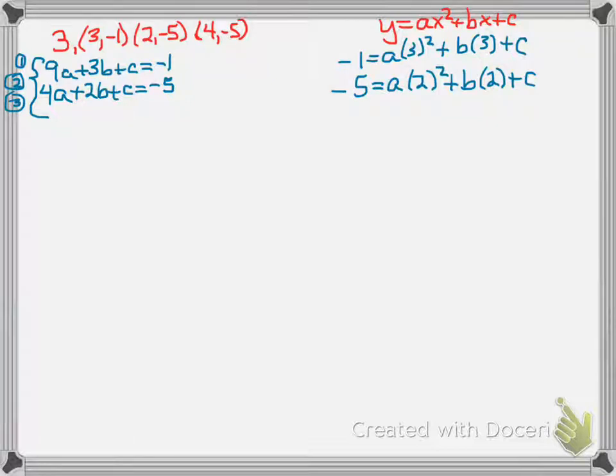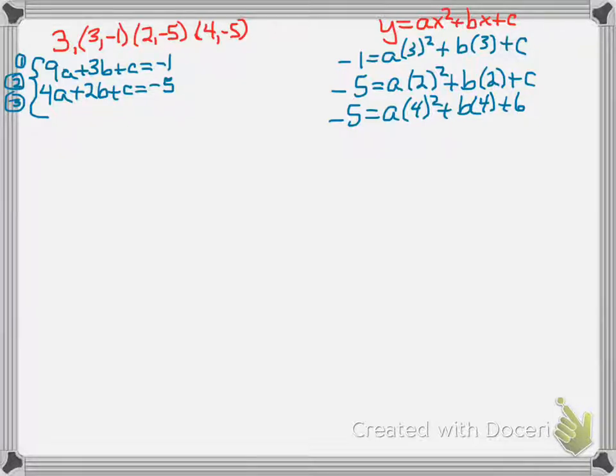Alright, third point, (4, -5). Again, y is -5. We're going to take a and multiply it by 4 squared plus b times 4 plus c.